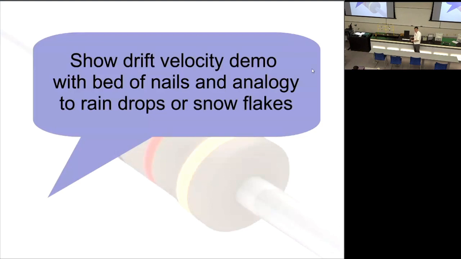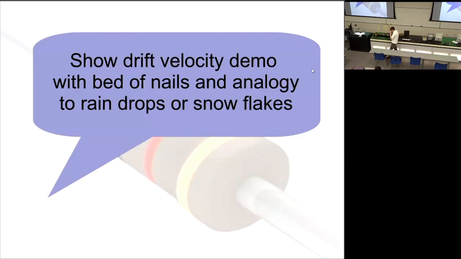Rather, they underwent this kind of random motion as they bounced off the ions in the wire, and they gradually drifted through the wire. Not too gradually, but they're drifting more than accelerating. And that's an analogy to how electrons move through the wire.